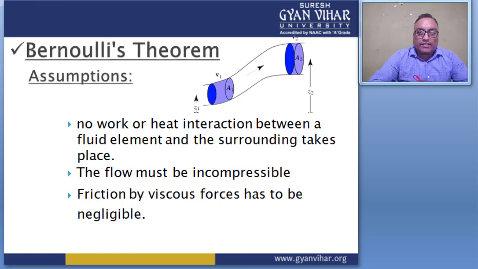These are the assumptions we are taking. Fluid flows from section 1 to section 2, here is area A1 and here is area A2, right?